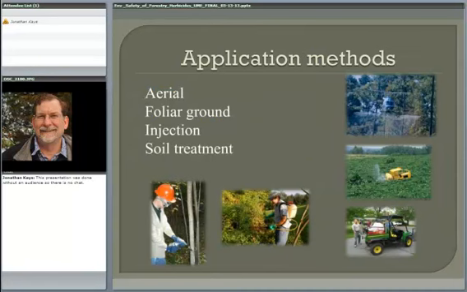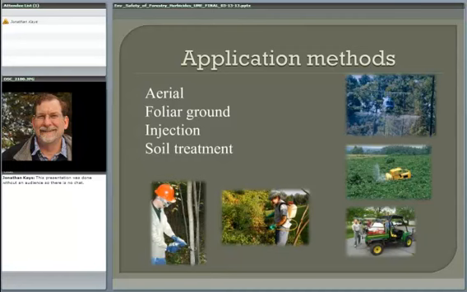What are the different types of application methods? And here we get into, there's aerial application, which covers a very large area. And then we have foliar ground, where we have a sprayer and there's foliar vegetation. We spray that on the ground.